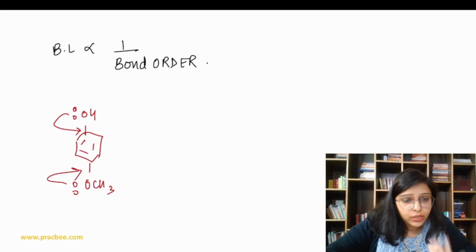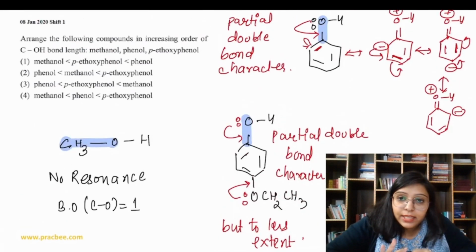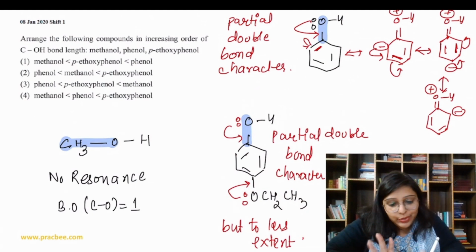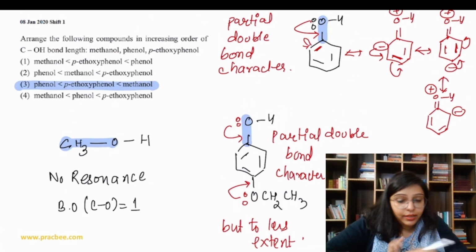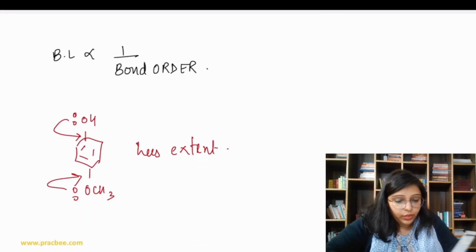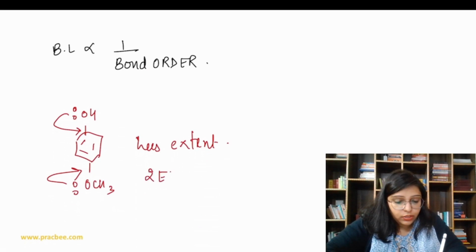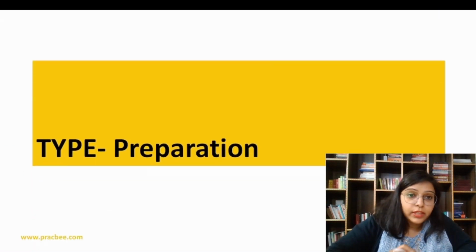So we have partial double bond character but to less extent. So it means bond length is highest in methanol. Then we have para-ethoxyphenol with less double bond character, and in phenol we have more double bond character. Here it is less extent because two electron releasing groups are present. Clear? That's it. Now moving on to the next type of question.